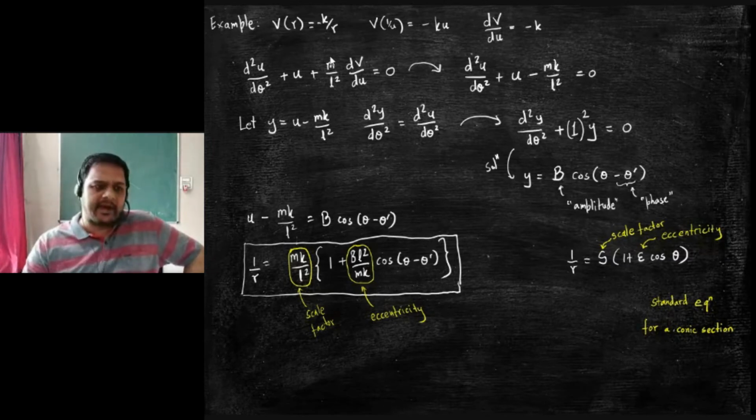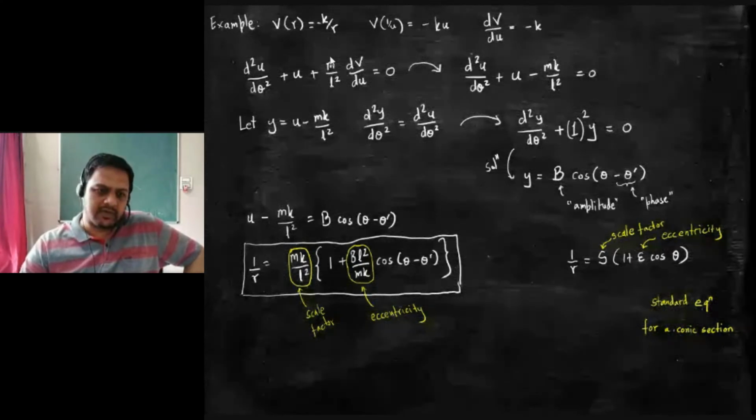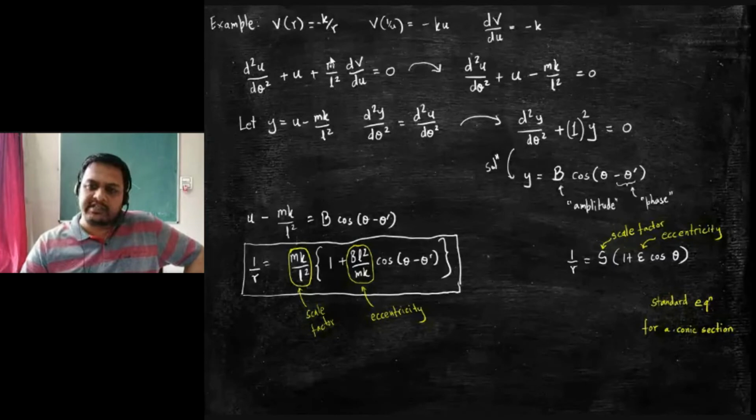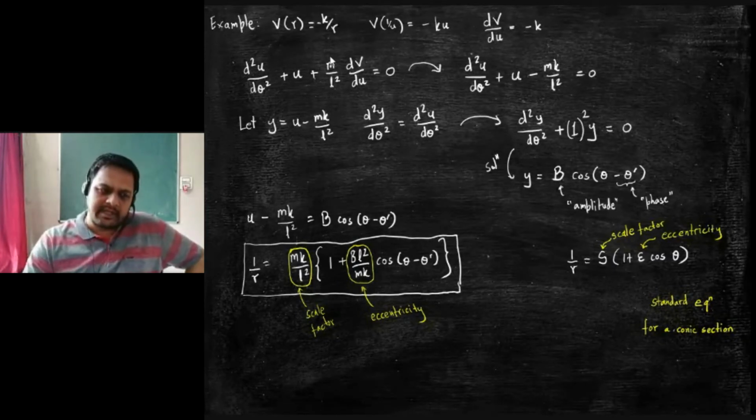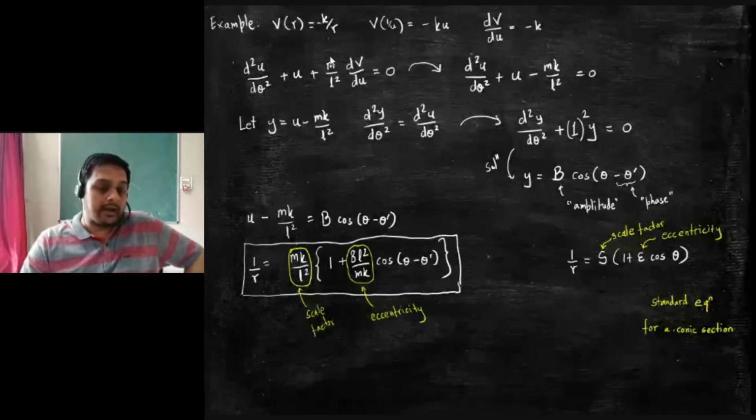Kepler had observed only the major planets; at that time I think they were aware of planets only till Saturn. So he made basic conclusions based on those planets only, and all of them have elliptical orbits. But in principle, an object can have a circular, parabolic, or hyperbolic orbit, any type of orbit.